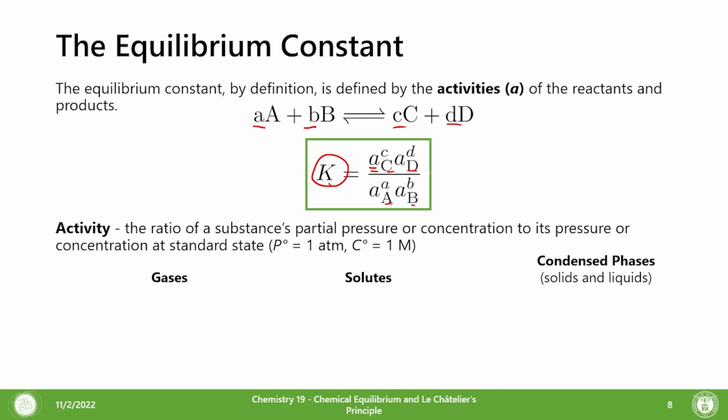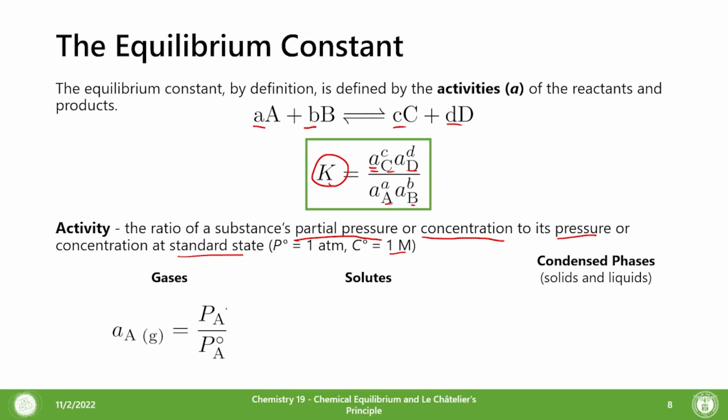So what is activity? Activity is the ratio of a substance's partial pressure or concentration, so it can either be in pressure or concentration, to its pressure or concentration at standard state, which is, in this case, 1 atmosphere or 1 molar. So for gases, usually that's the pressure divided by 1 atmosphere.